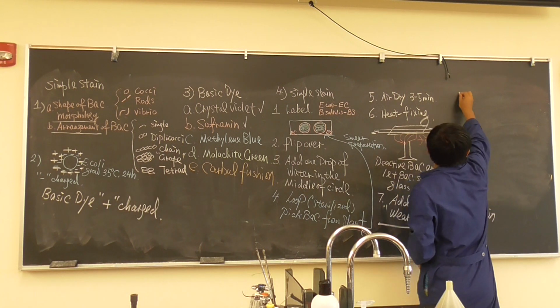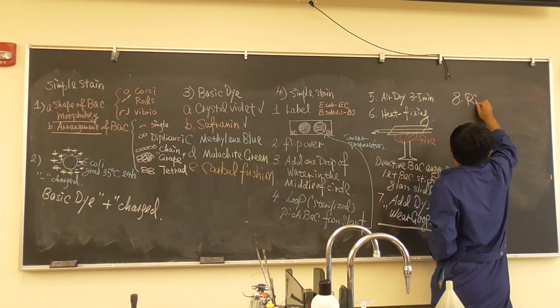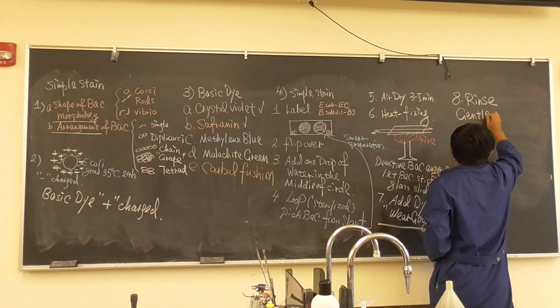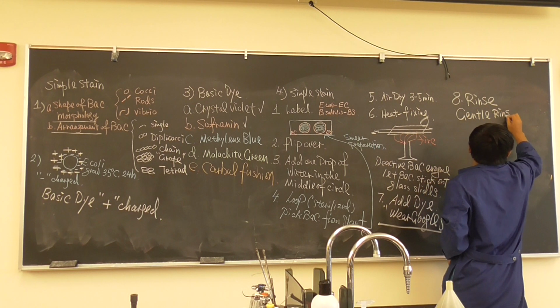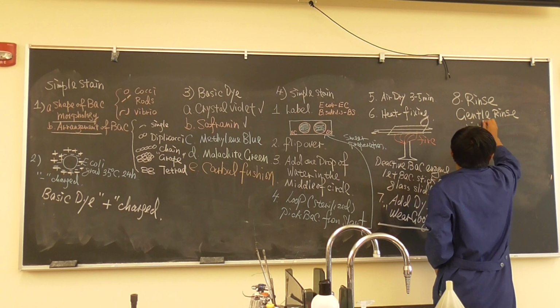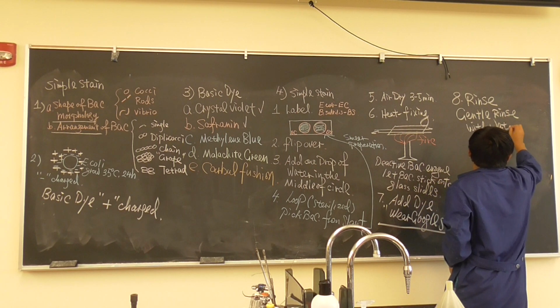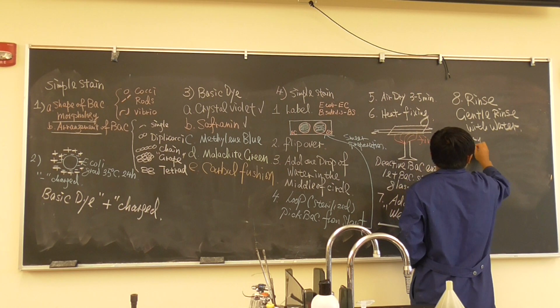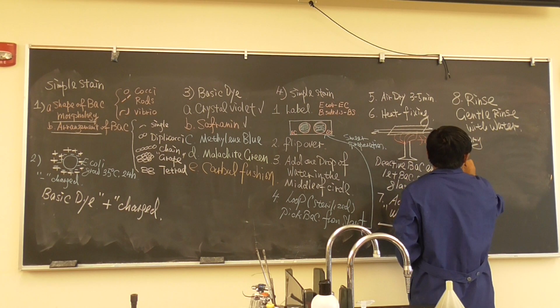Okay, the next step, we'll do the rinse. This is a gentle rinse with tap water, with water. And then we're going to dry. And then the last step, we'll do the observation.